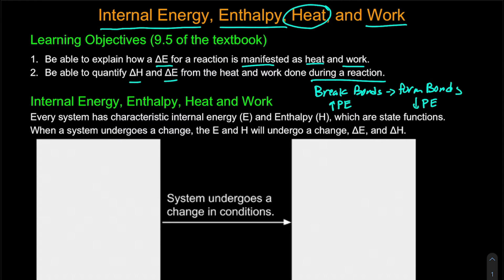So what we know is that for every system, there's a specific amount of internal energy and enthalpy. And importantly, these are state functions. That reminds us, that means I could go ahead and look at that function, that property, and I can quantify that property without making it undergo a change. Now, they can undergo changes, and we call that change in internal energy and change in enthalpy.